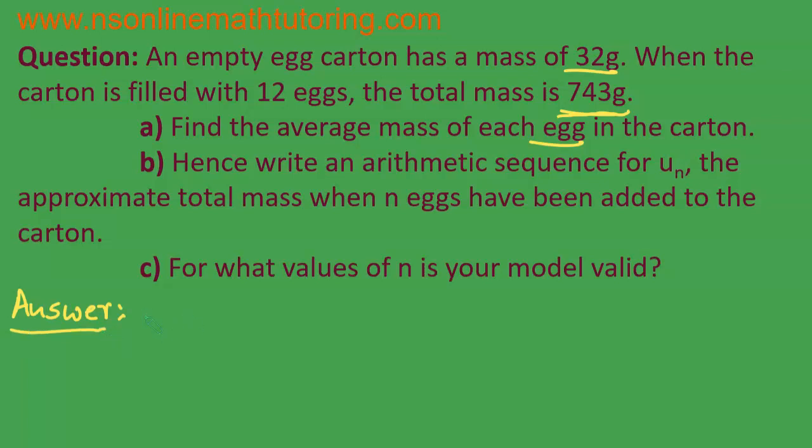So, answer for the subpart A. Now, 743 grams is also considering the mass of the carton. Therefore, I have to subtract that. 743 minus 32 over 12. This will be the average mass of each egg.